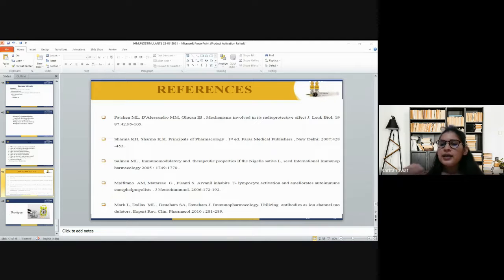So it is very helpful, and immunomodulators are going to be a central part of 21st century medicine. This is a very vast and very important topic.